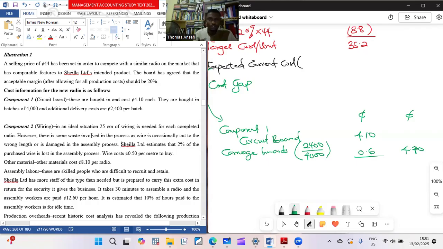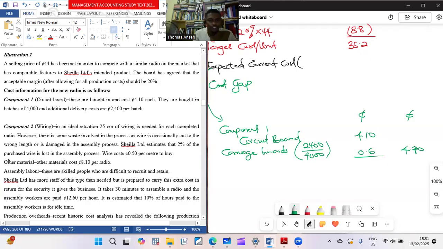You remember the thing we talked about, wastage in the process, as the wire is occasionally cut to the wrong length or damaged in the assembling process. Sheila estimates that 2% of the wire is lost in the assembly. Wire costs 0.5 per meter to buy.